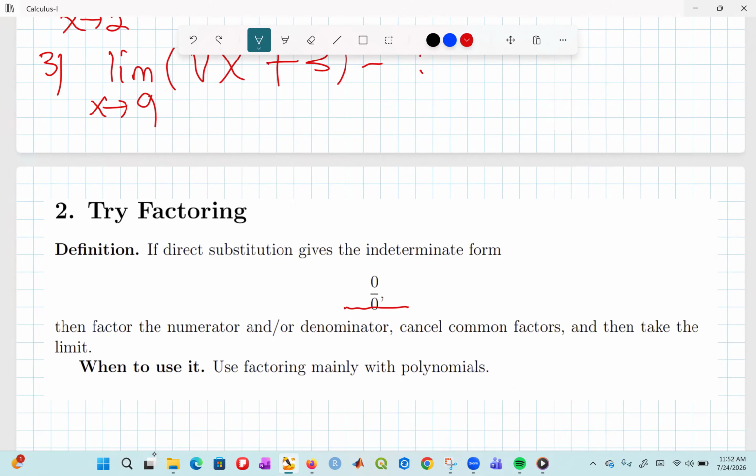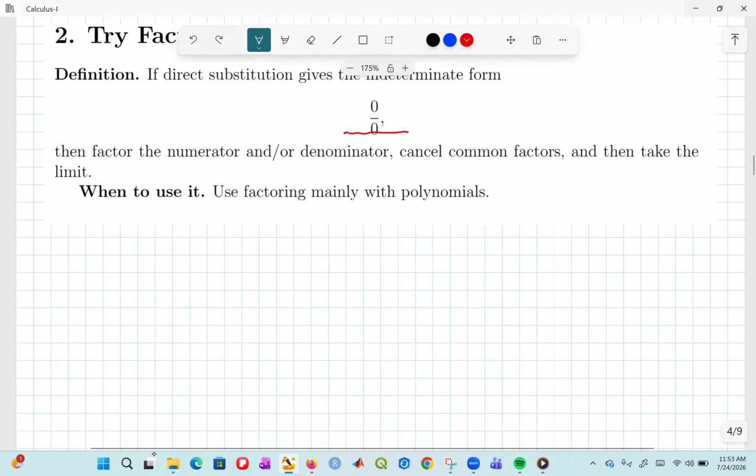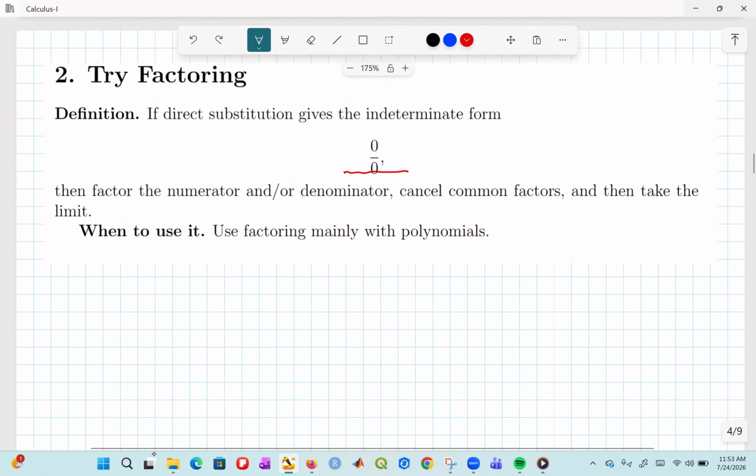Then substitute again. Let me show you this one using examples.